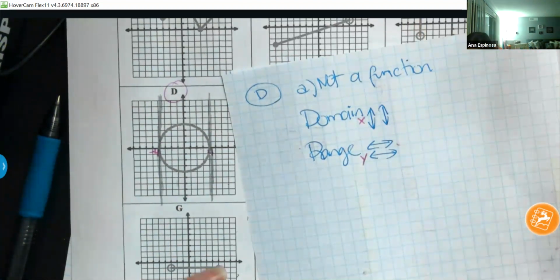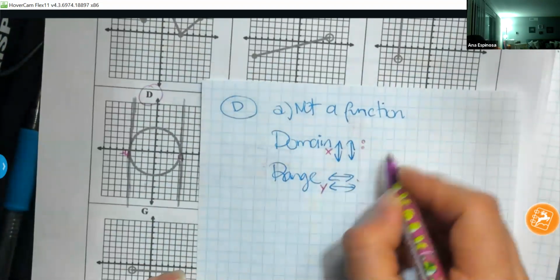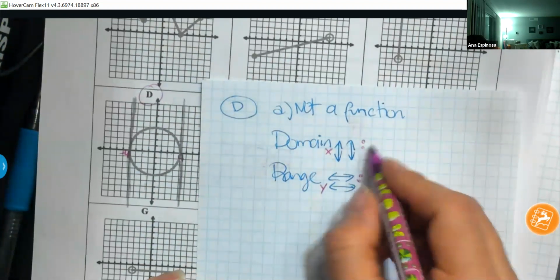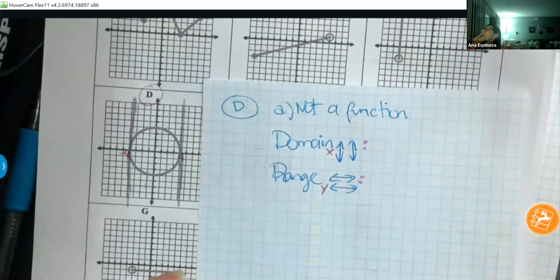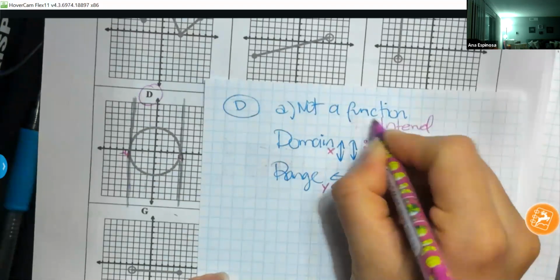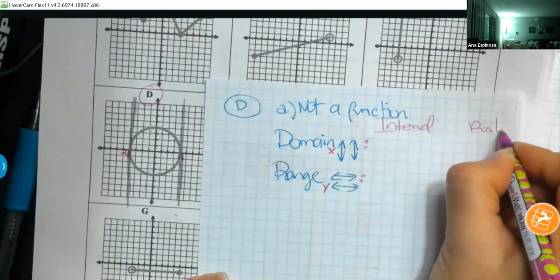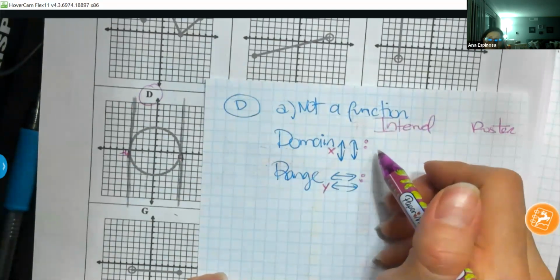So my domain, if we're going to write this in roster notation, it's going to look a little bit different than interval, of course. We'll do the interval notation first, and then the roster. In interval notation, you just state the numbers from where to where.